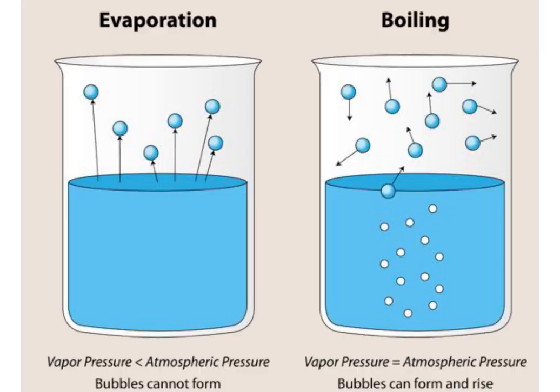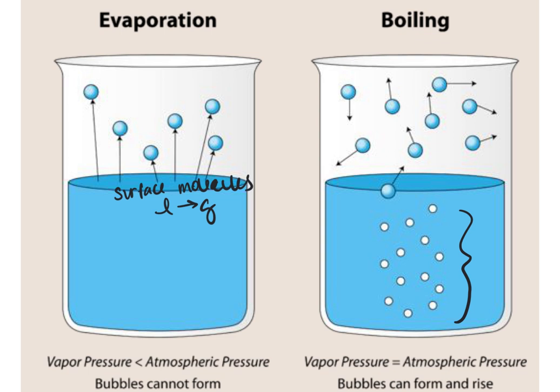So here's a really good image to show you the difference between the two. On the left side, this is what is happening with evaporation. You just have those surface molecules changing from liquid to a gas. In the case of boiling, it is happening throughout. So all of it is occurring.